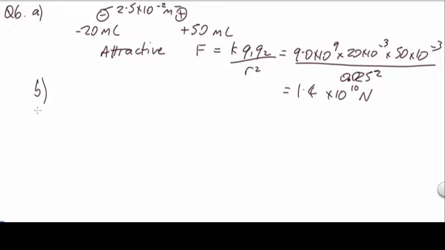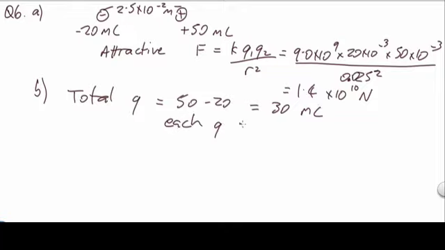Now, if we were to bring them close to each other, touching, then they're going to equally distribute the charge over the surface of both spheres. So the total charge will be the 50 minus 20, so it'll be 30 millicoulombs. But that will be divided between them. So when you pull them apart, each charge will be 15 millicoulombs.